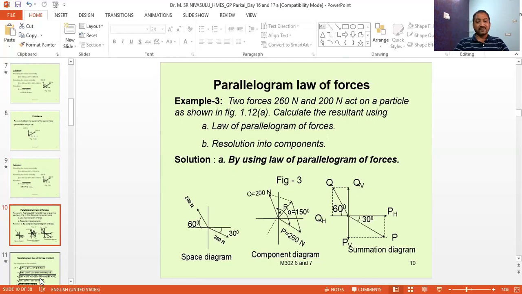Two forces, 260 newtons and 200 newtons act on a particle as shown in the figure.